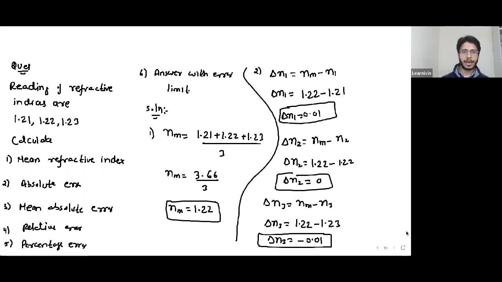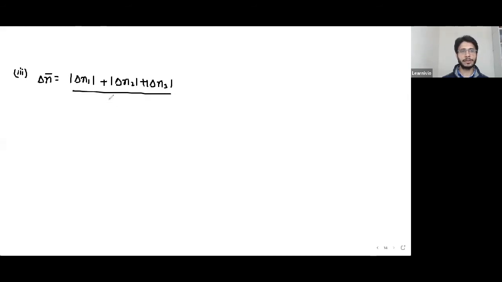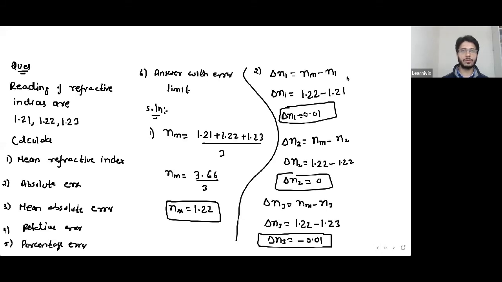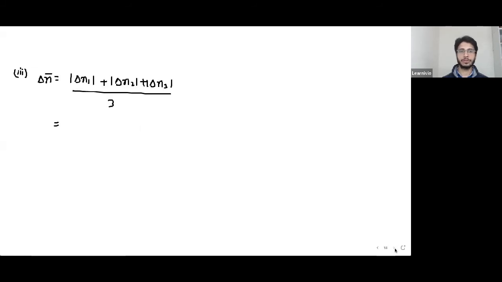After this, we can calculate the mean absolute error. For mean absolute error, the relation is mod of delta n1 plus mod of delta n2 plus mod of delta n3 divided by 3. So mod of delta n1, how much is mod of delta n1? This is 0.01, this is 0, and this is minus 0.01.